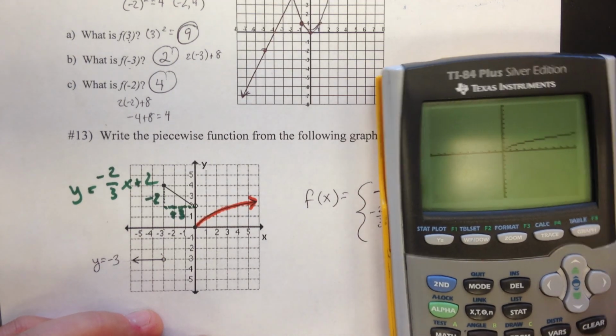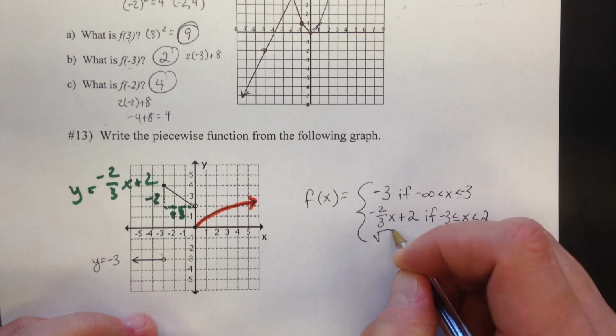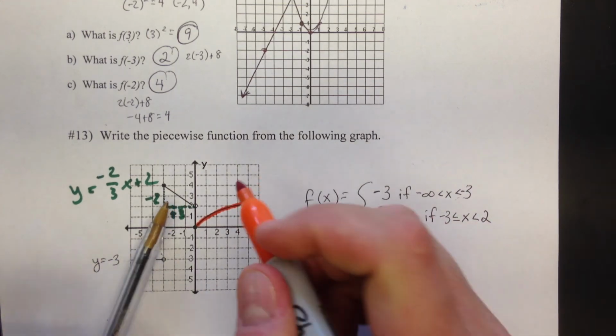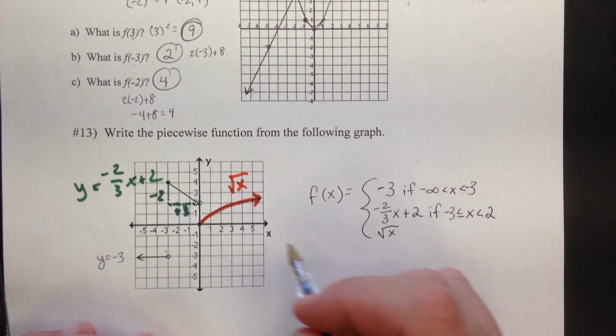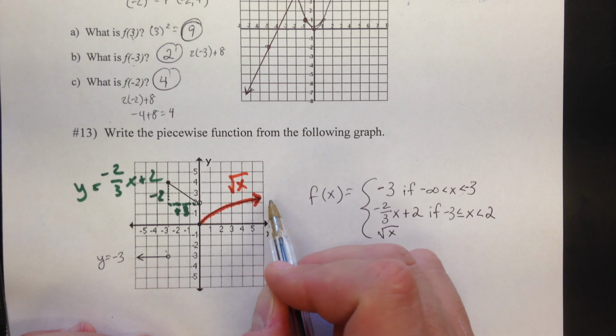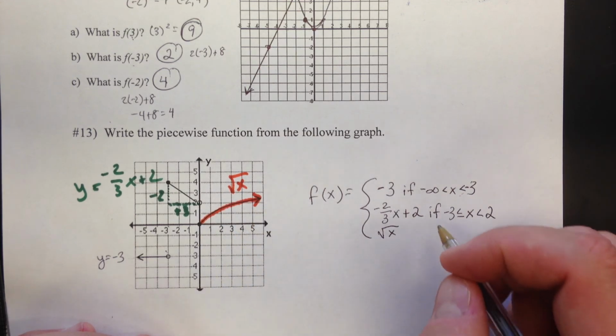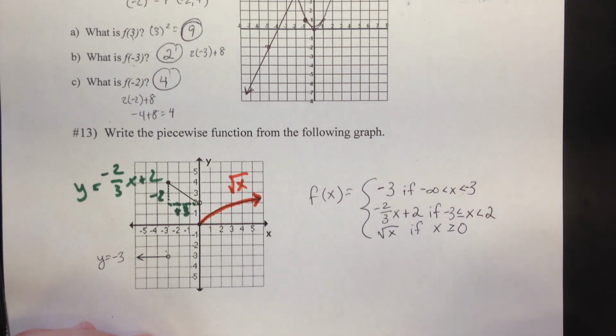Y equals square root x. Okay, so the last part of this function, f of x equals square root x. Now let's see, we start at x equals 0, and then it just keeps going on to positive infinity. So we're going to say if x is greater than or equal to 0.